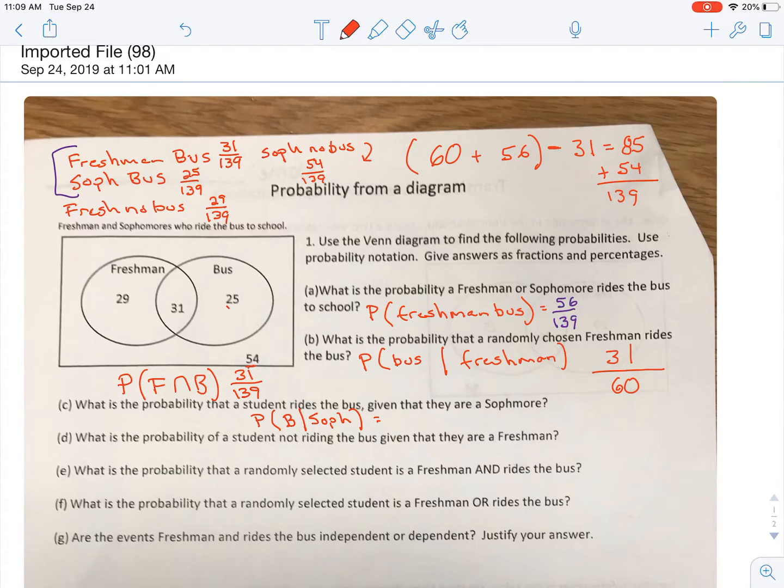And that is going to be 25 out of all the sophomores. 25 out of 79 if you add up all of the sophomores.